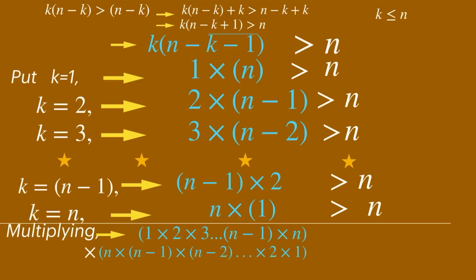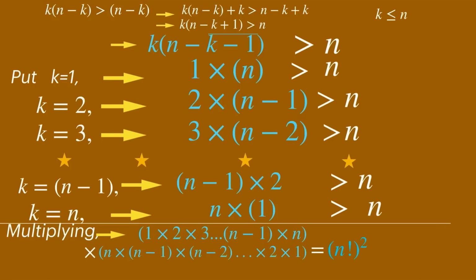The first line is the increasing order of the expanded expression of the factorial n, and the second line is the decreasing order of the expanded expression of the factorial n. So here clearly factorial n into factorial n is written, isn't it? So it equals factorial n square. And see the right side, when we multiply the right side of the n equations, that is clearly n times multiplied by n.